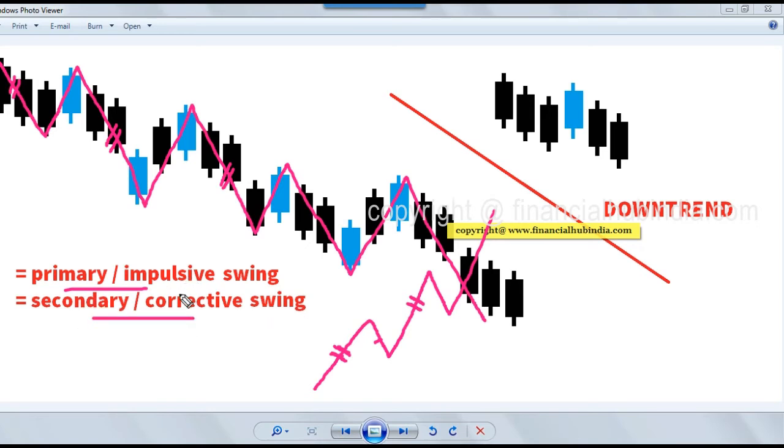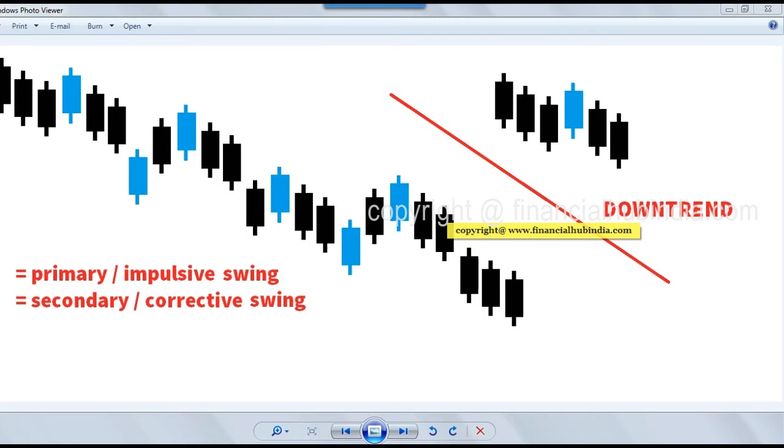You'll have to remember these names. So in technical terms, you'll say this stock is moving down because the impulsive swings are on the downside and the corrective swings are on the upside. That is how you're supposed to talk. In future you don't need to clarify that. When you say this stock is in an uptrend or downtrend, we automatically know what criteria it has fulfilled for you to say that.